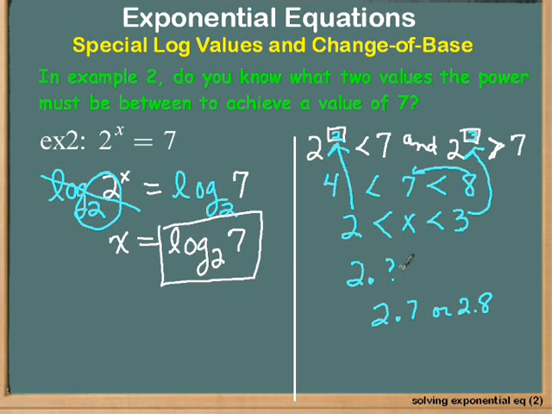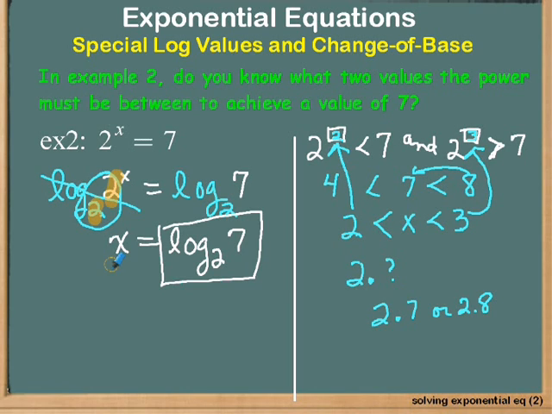So I'd like you to make a note that the first thing we did was to incorporate the special log value rule, and that was to find a base that matched the base of the exponent. So the base of the log was matching the base of the exponent. Go ahead and make a note of that.